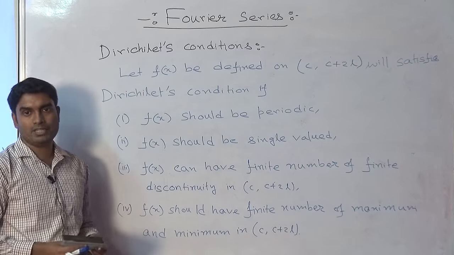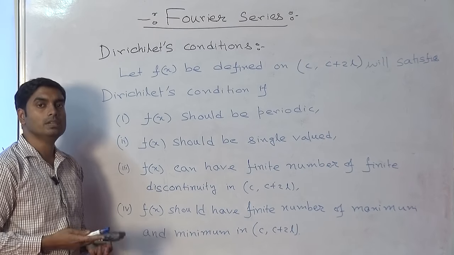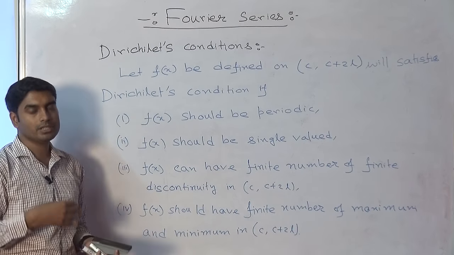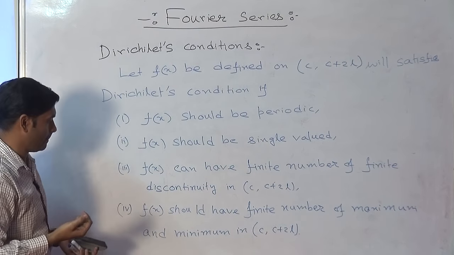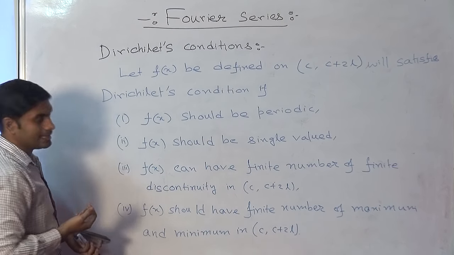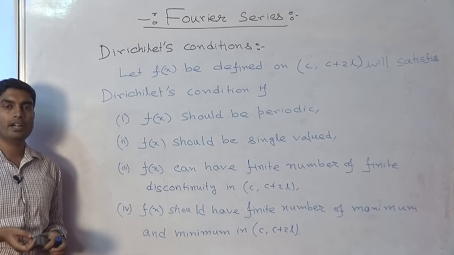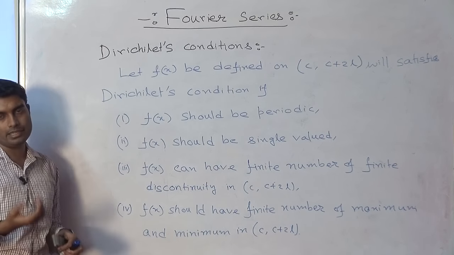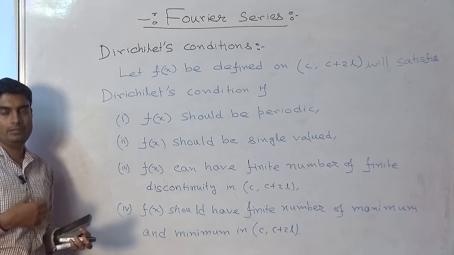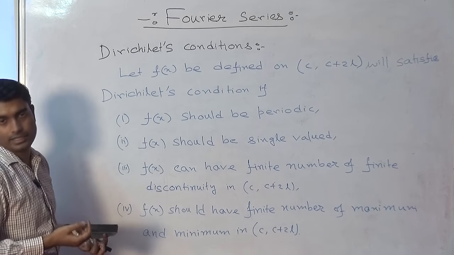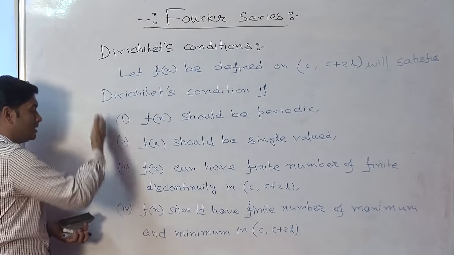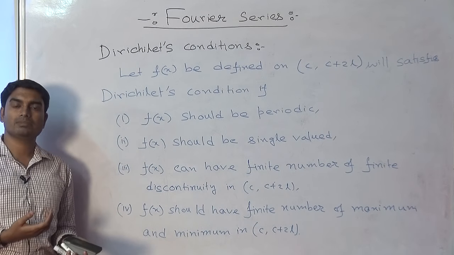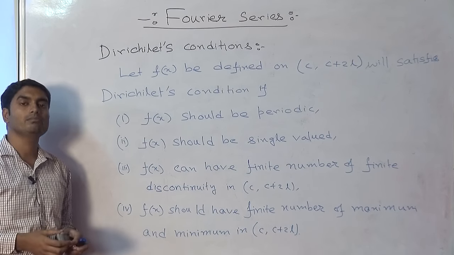Finite discontinuity means that it can only have jump discontinuity. It cannot have infinite discontinuity at any point. The last point is that it can have a finite number of maxima and minima in the interval, not an infinite number. If that function satisfies all these four conditions, then this function can be approximated by a Fourier series.